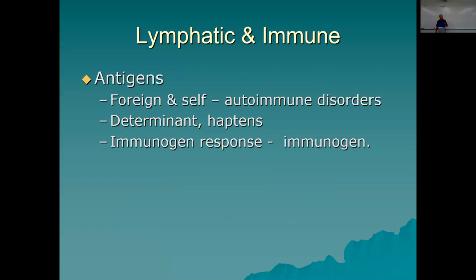All right, so what are antigens? Antigens generally are foreign proteins. But we also have self-antigens. And actually, lots of the proteins inside your cells will be self-antigens because your immune system doesn't recognize those.